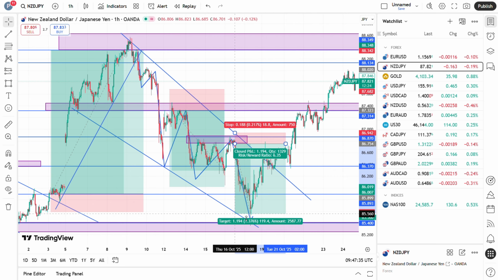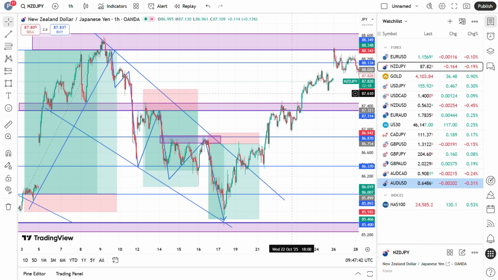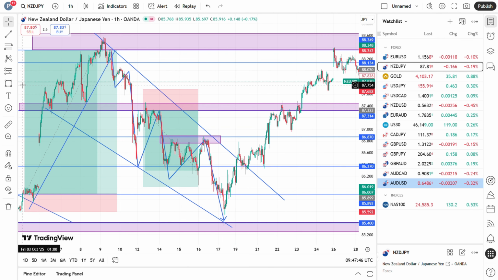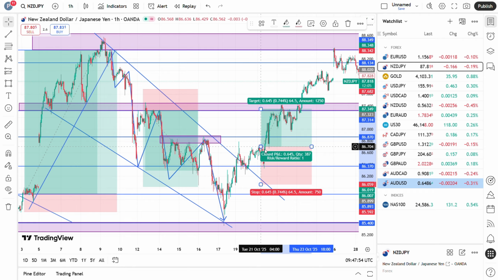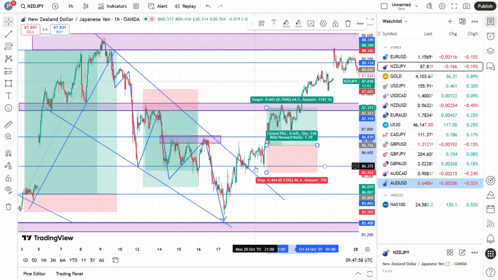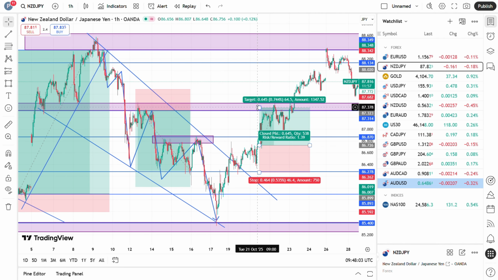And immediately after the market broke out of the downtrend, we started seeing a change of structure. So the market started to buy right after the breakout of the downtrend. We're seeing a breakout of that zone right there, and it came back to retest that zone, which was a clean buy.